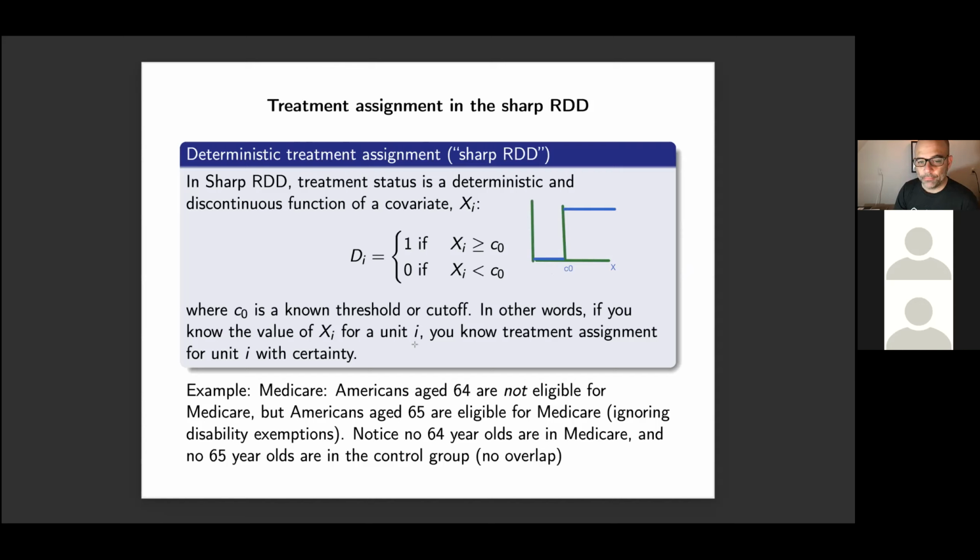So the dummy here, you've got treatment equaling 0, and you've got treatment equaling 1. That's a sharp design versus what we said a second ago, which was the fuzzy.